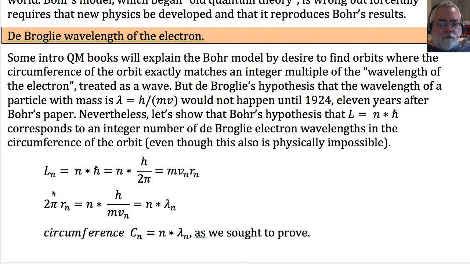Angular momentum L sub n equals n times h bar equals n times h over 2 pi, and that angular momentum equals mass times the velocity v sub n times the radius r sub n.